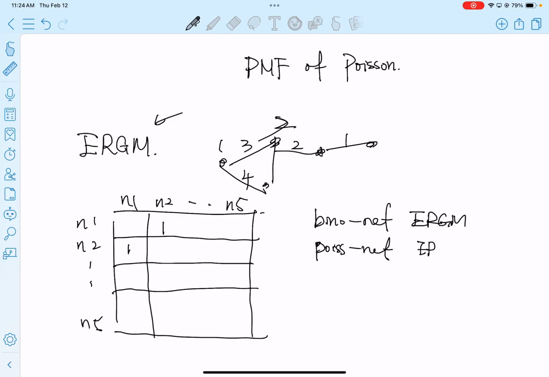So if you want to handle weighted graphs in machine learning with the ERGM framework, there are two options, binomial reference and Poisson reference, to handle when the edge weights are non-integers, just like what we did here.